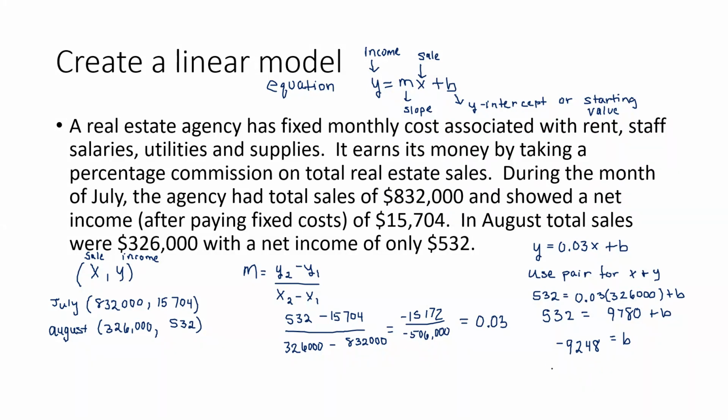So with my formula, I will have y equals 0.03x minus 9,248. And so this is my answer. What I have done is I have created a linear model, which is a y equals mx plus b equation, based on the numbers that they gave me.